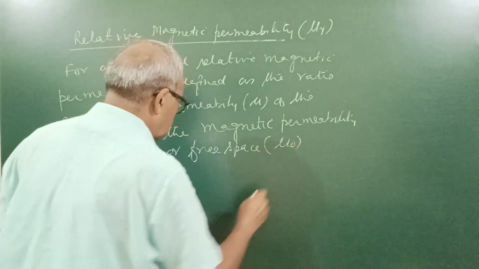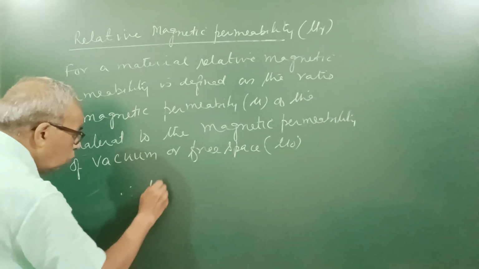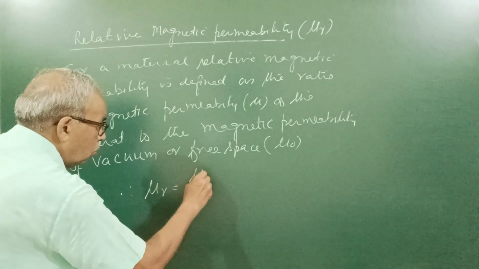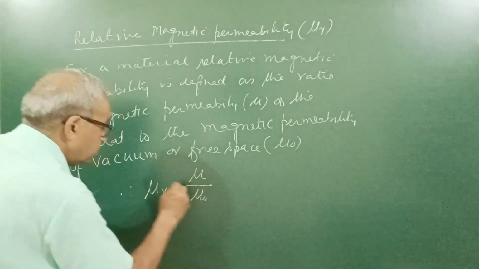It is called mu zero. So mu r is equal to mu upon mu zero.